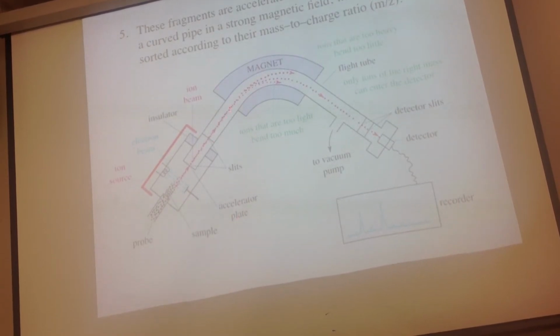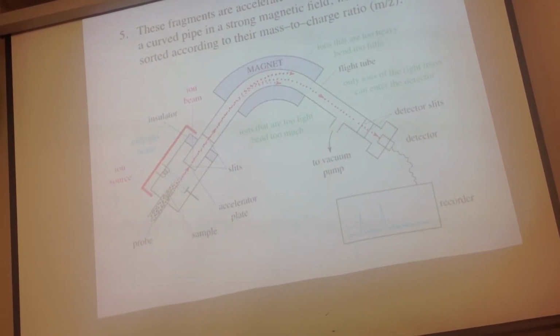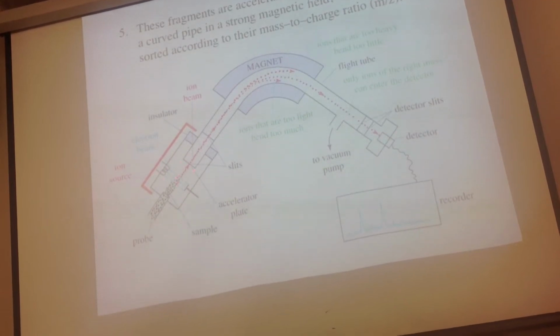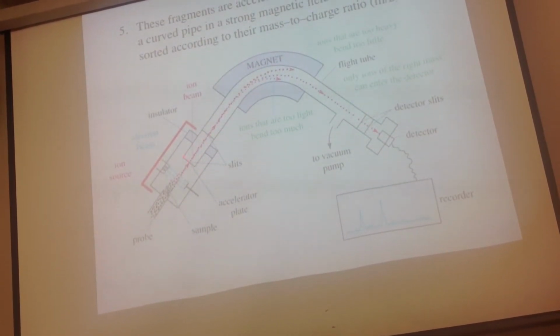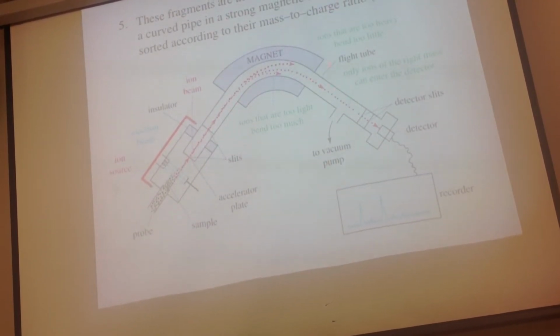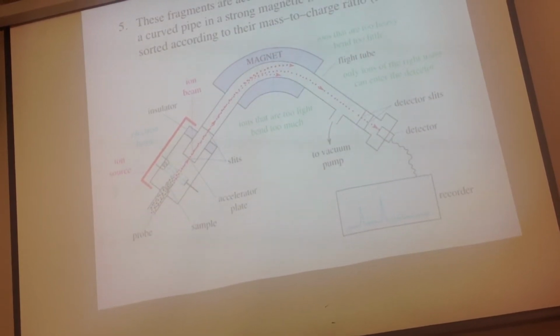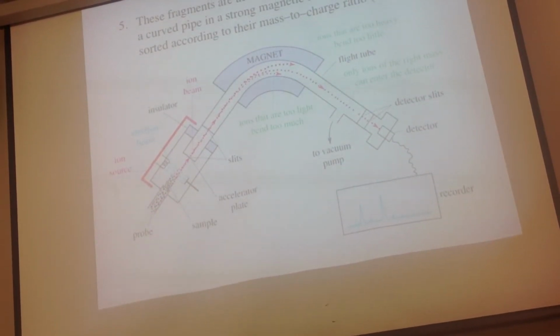We're going to shoot it into a tube, this big long tube, which passes through a magnet. And we have to have it moving forward, or it doesn't go anywhere. And so we're going to be accelerating these chunks. Here, it's pieces at this point in time, right in here. So it passes through some charged plates and gets accelerated. And then it shoots into a tube and enters a magnetic field. And that's where things get sorted out.